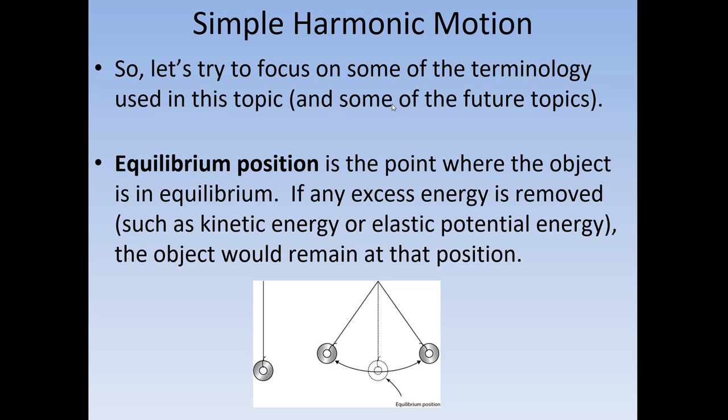Right off the bat, you could tell from the name that equilibrium position has something to do with the concept of equilibrium, that the forces are balanced. Basically, it has two scenarios.